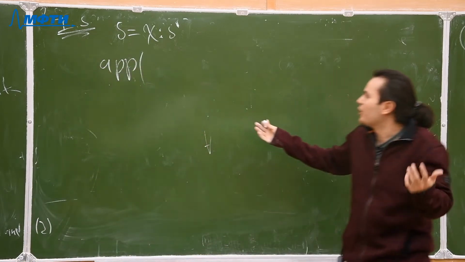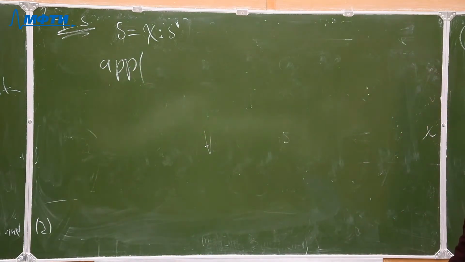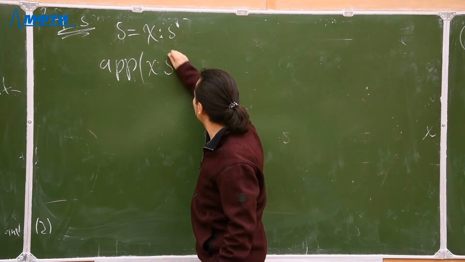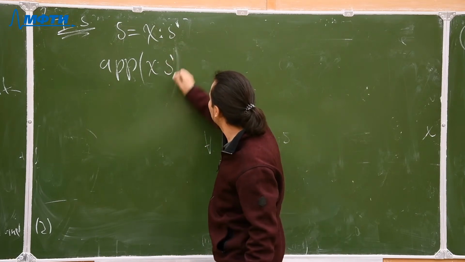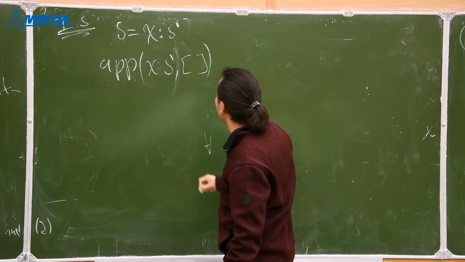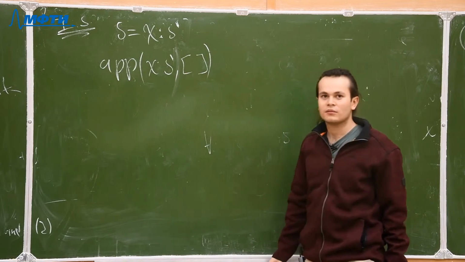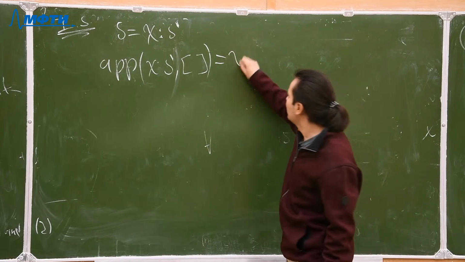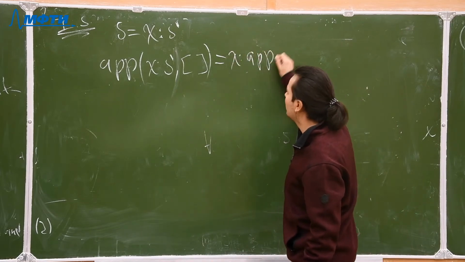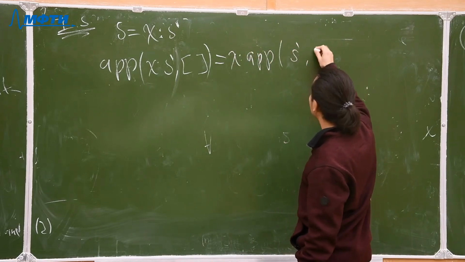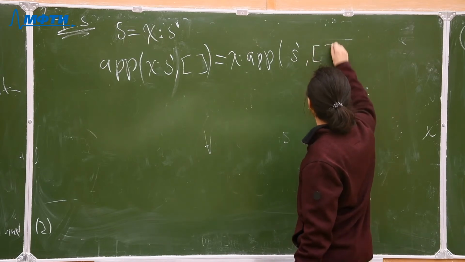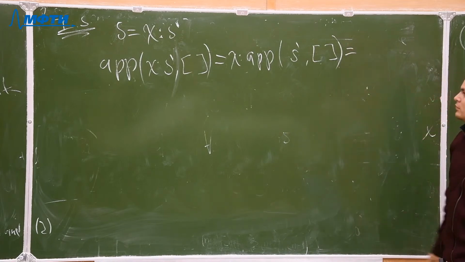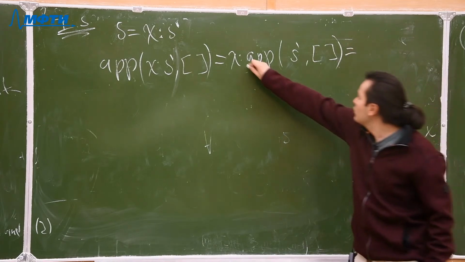So what do I need to do then? Yeah, just write this here. S. This is equal to what? X column up of S prime. And this is equal to what? Yeah, then we use this.